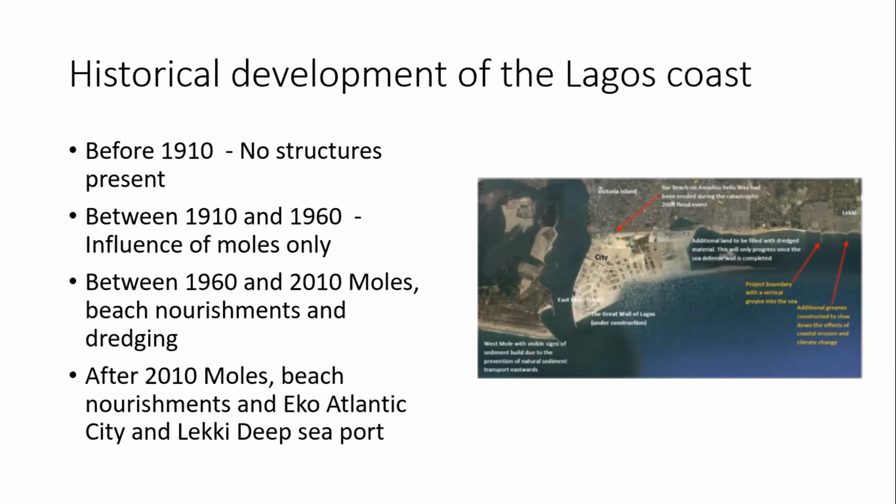After that, another concern is the Eco-Atlantic City. What is it there for? What is it doing? What is the long-term effect of it, most especially on its entry? And the recent one is the Lekki Deep Sea Port. What is the focus? What are we to expect?